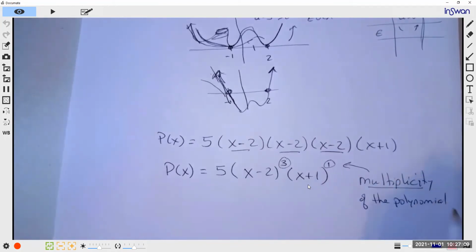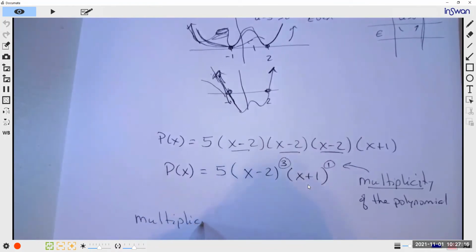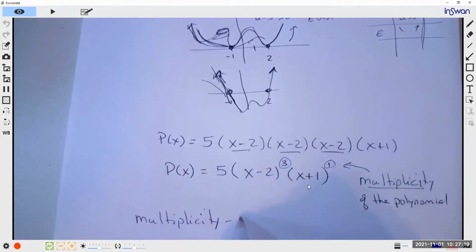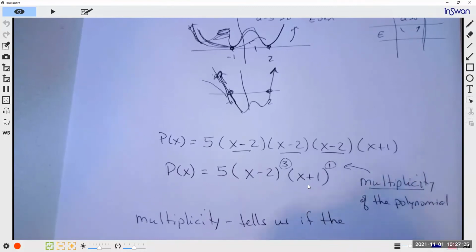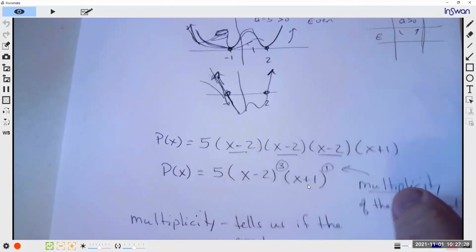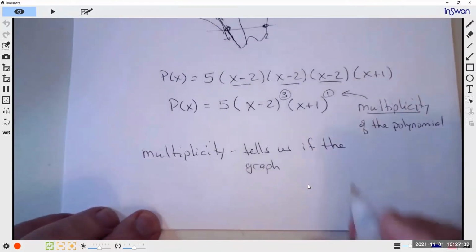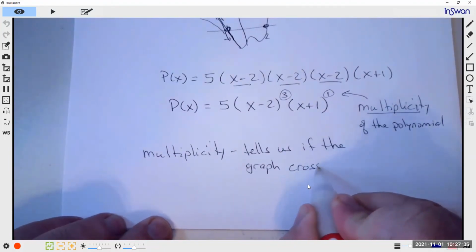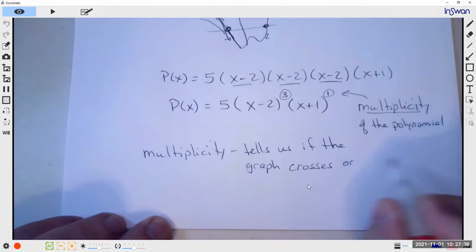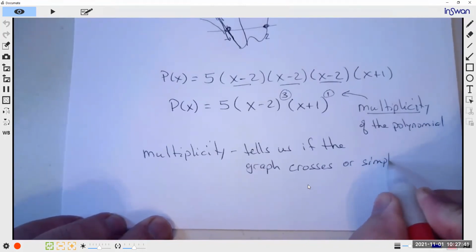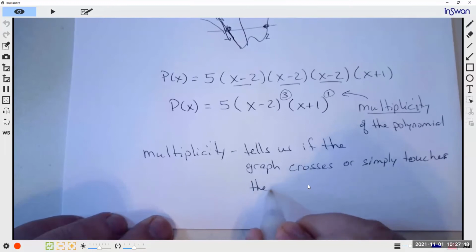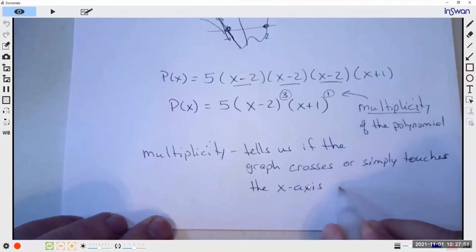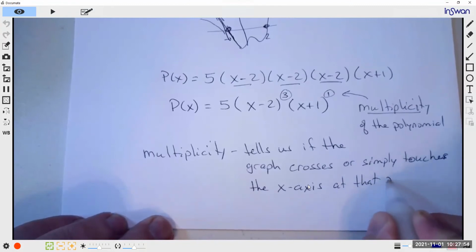And the multiplicities tell us if the graph crosses or simply touches the x-axis at that point.